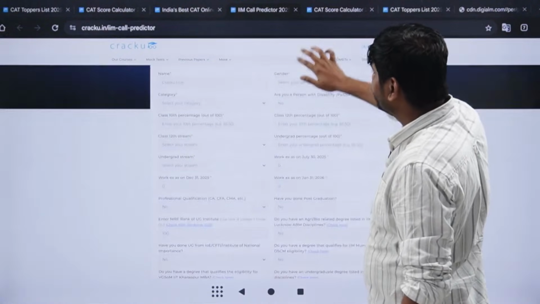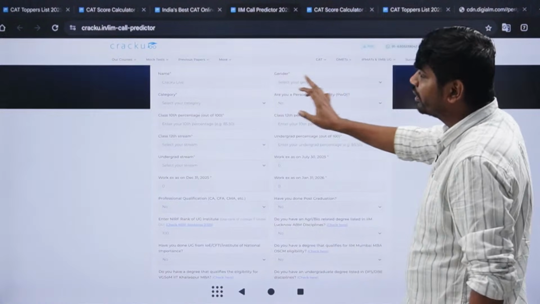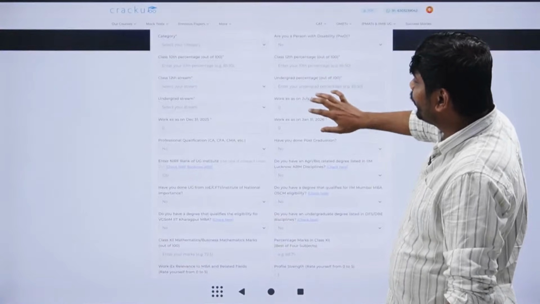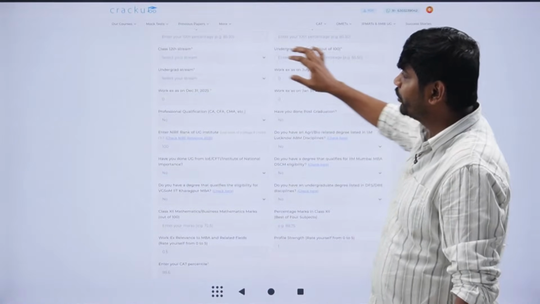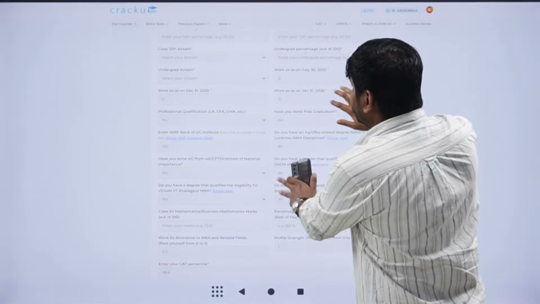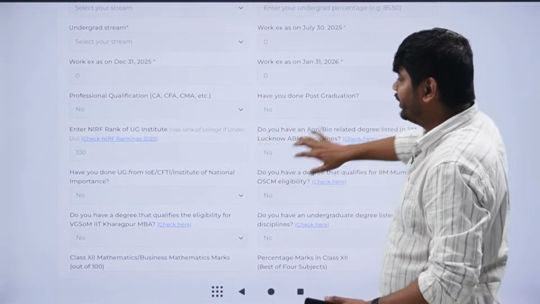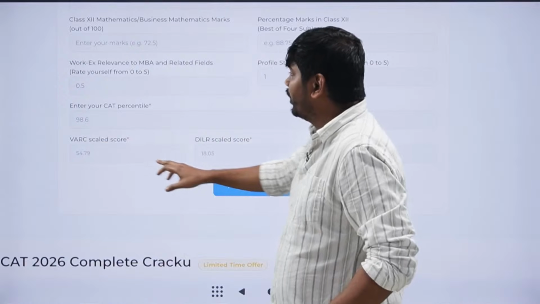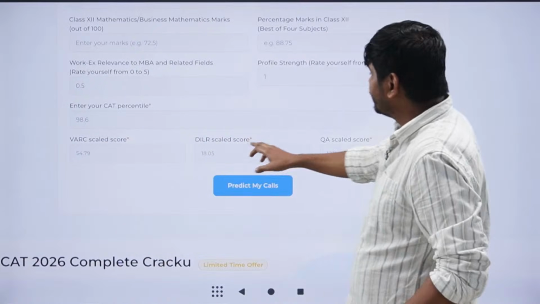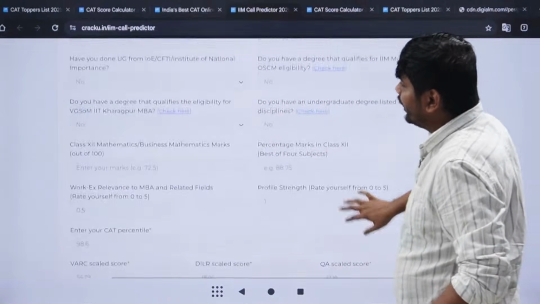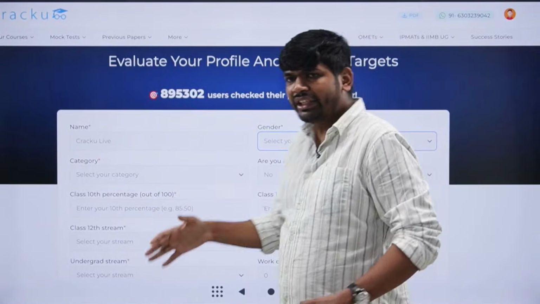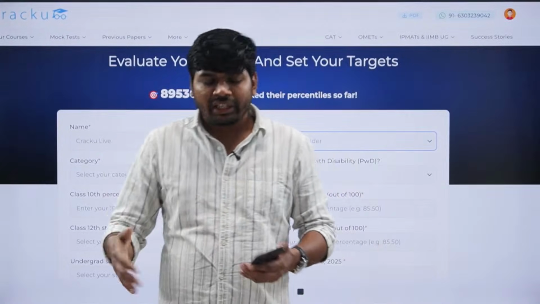Here you have to fill your details: your name, gender, category, are you PWD, percent in 10th, 12th, undergraduation score, what is your undergraduation stream. All the details when you fill, and if you submit it, how much score you are getting, VARC scale score, QA, DILR, and then you click on predict my calls, you will be getting the colleges that you can get a call from.